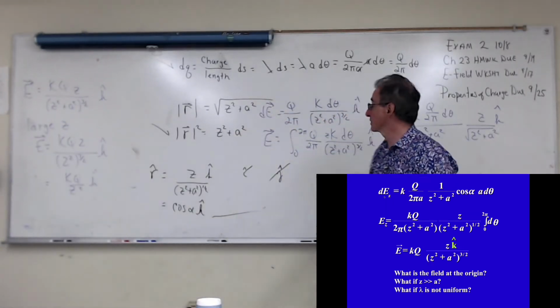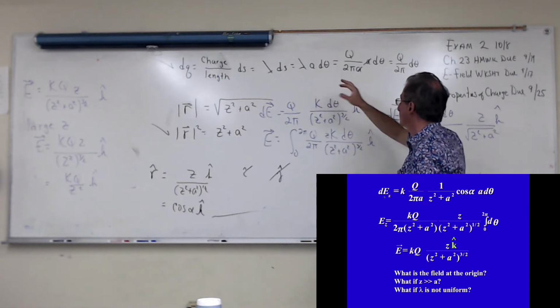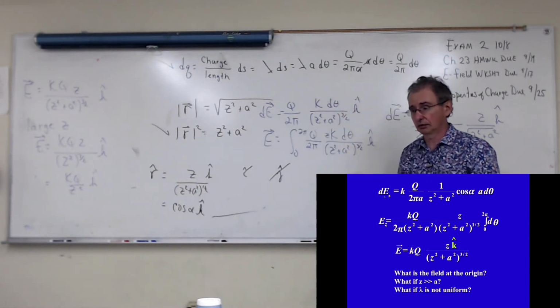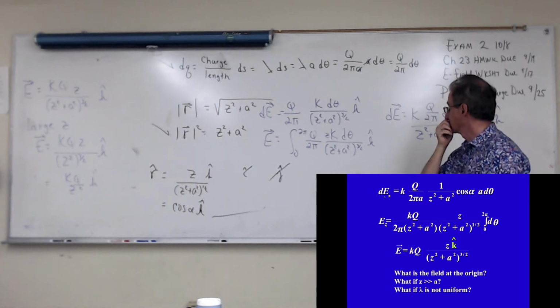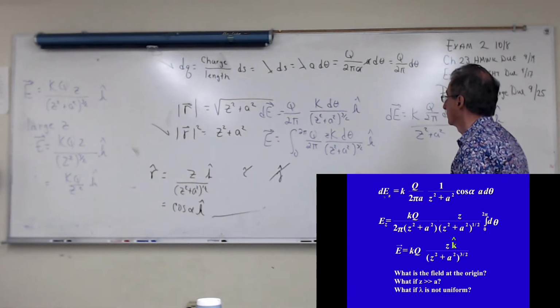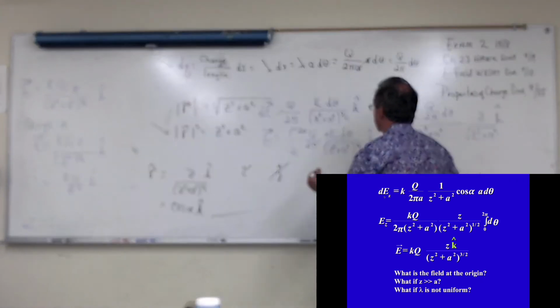Now, the next question is, what if my lambda was not uniform? What if my lambda depended on theta, for example? Well, if my lambda depended on theta, then my integral would look like this.